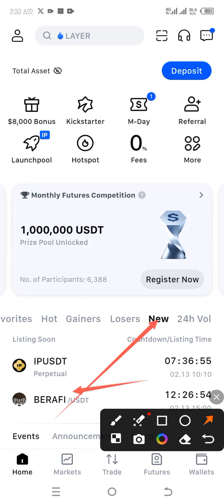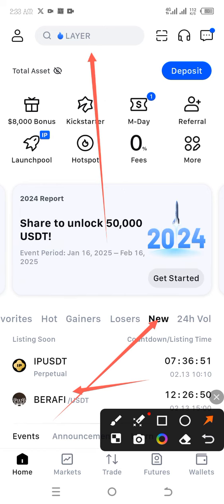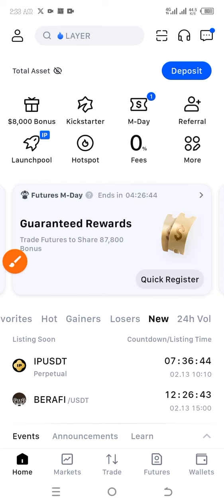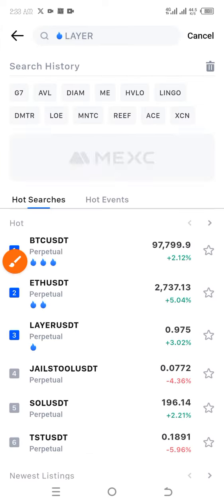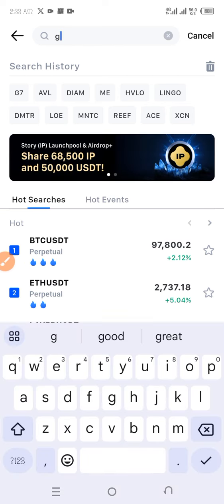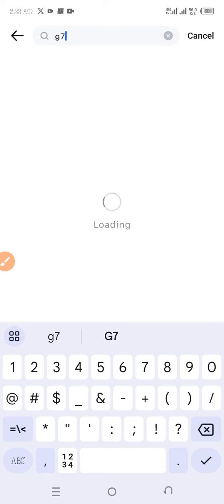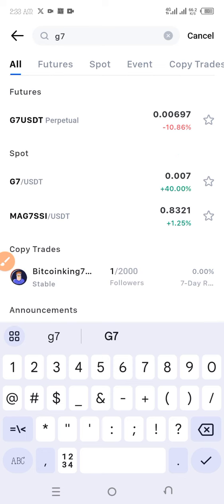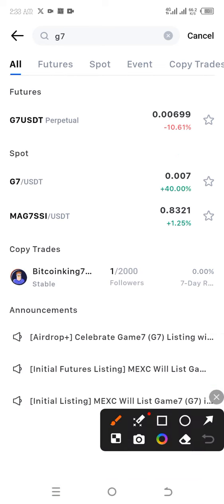Once you search at the top for that specific coin, you are going to see it, the futures and the spot. Let me show you how. For example, let's search for this G7 that was listed yesterday. As you can see, it has two features. It has spot trading here, and it also has futures trading.